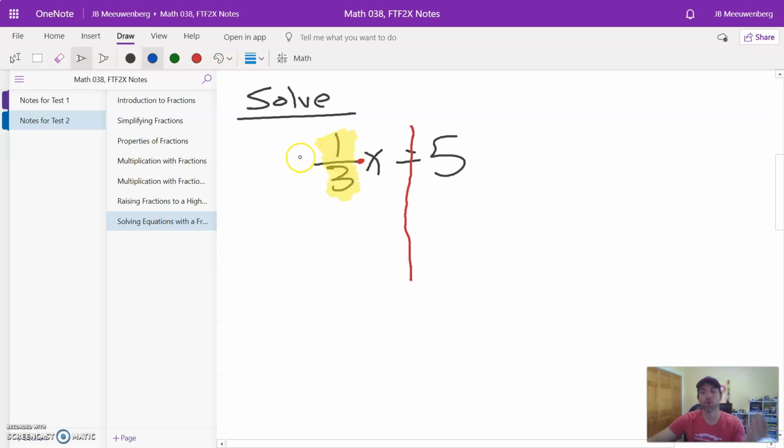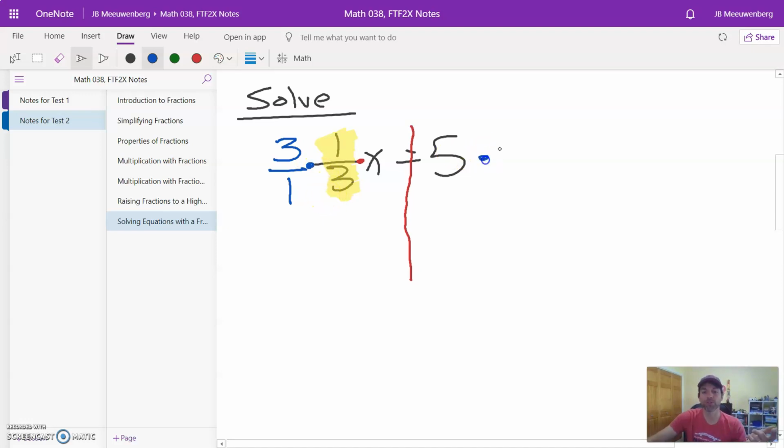Well, think about what we've been talking about with fractions where the top number and the bottom number are the same. If we multiply this thing right here by 3 or 3 over 1, what's going to happen here is 3 times 1 is 3. 1 times 3 is 3. They cancel out. It just becomes 1.